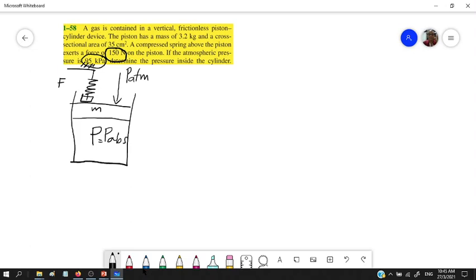Then if we look at the free body diagram of the piston, we have two types of pressure on top of the piston, which are P because of the spring and P because of the atmospheric, and one downward pressure because of the P due to the mass of the piston.